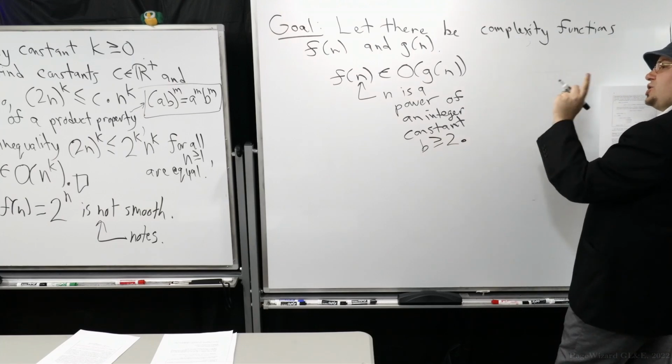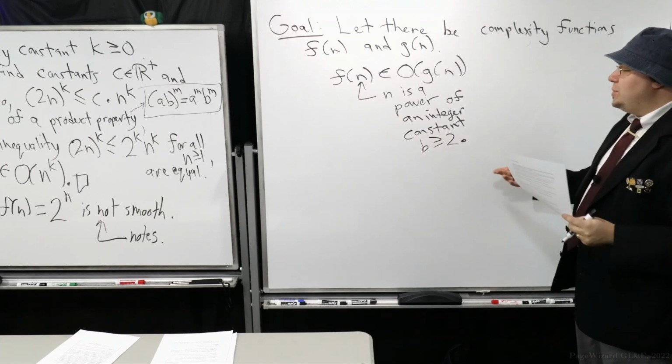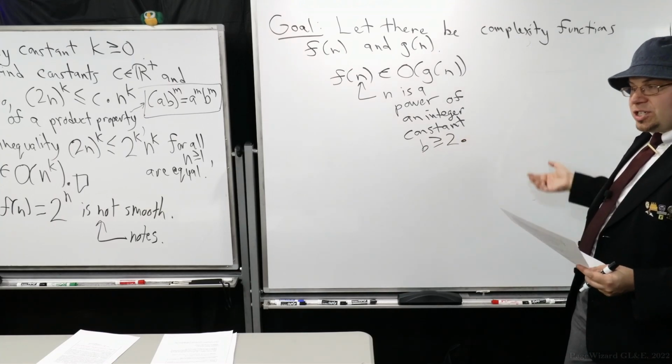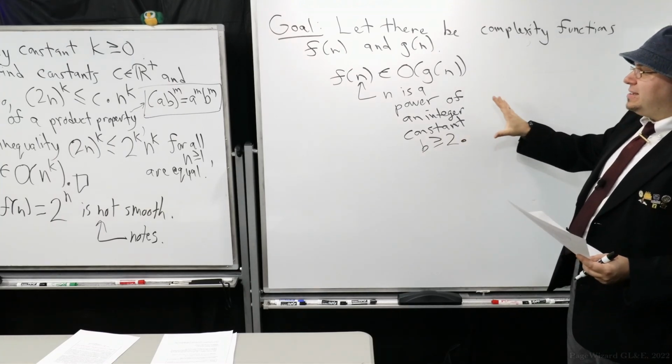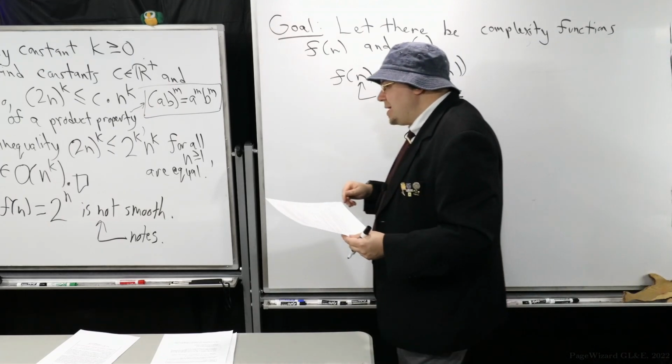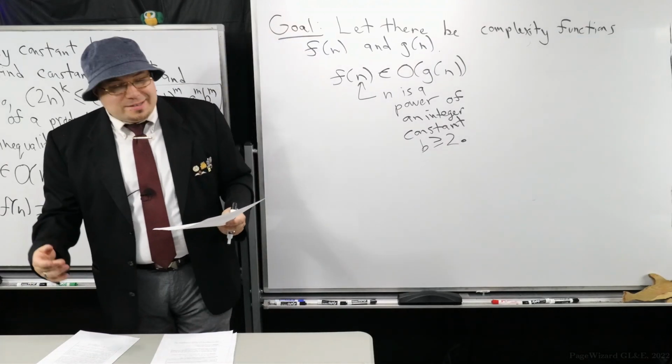So suppose that I showed you that f is big O of g with this restriction on the input. I must stress that there are other restrictions you may have, but this is the one that is specific for the proof that I'm going to be showing you. There are other ones that exist. I have an example in the notes.